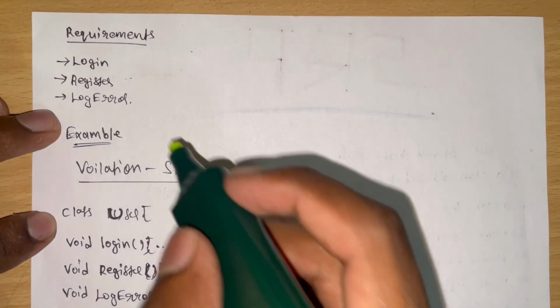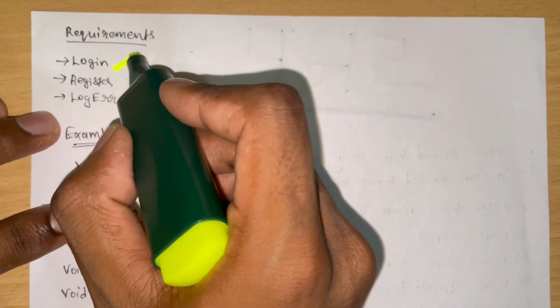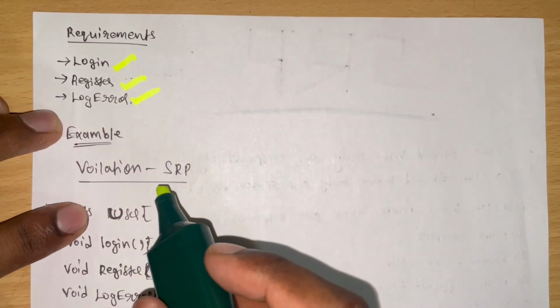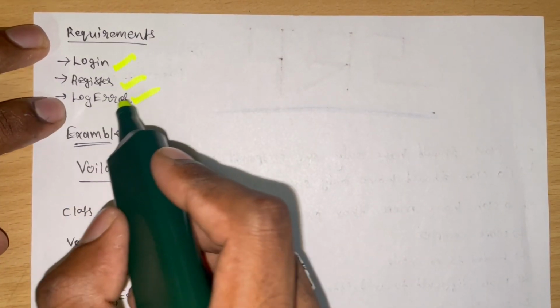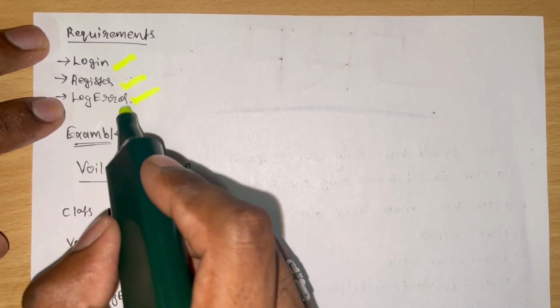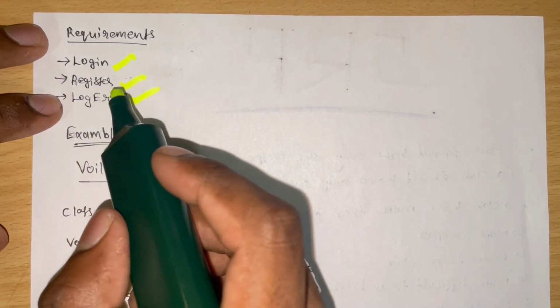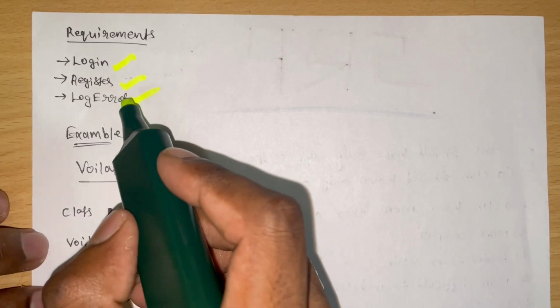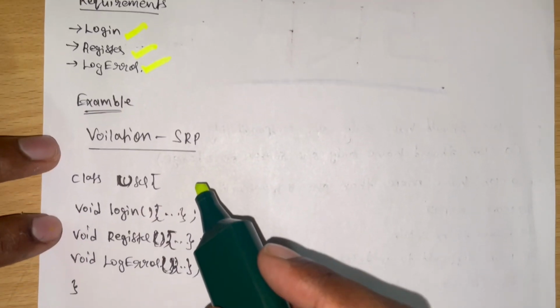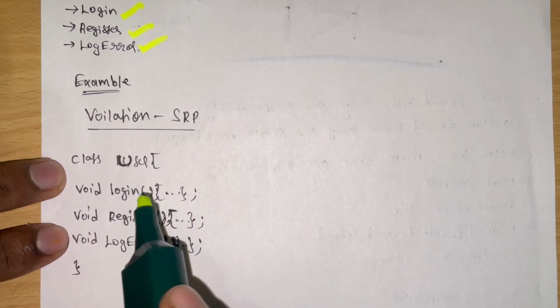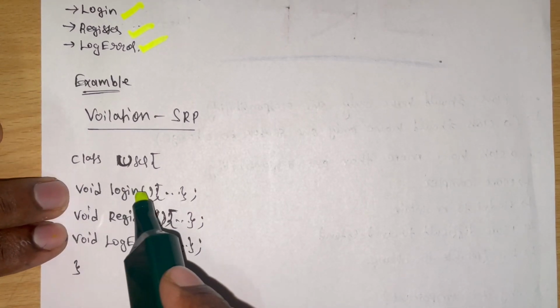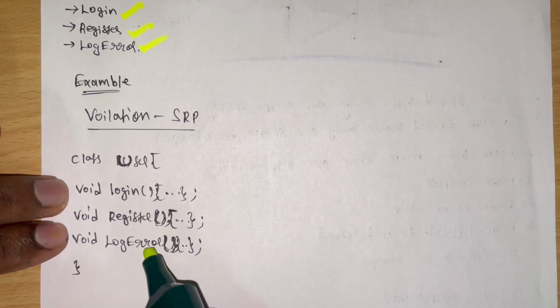For example, let's say you have requirements called login, register, and log error. Whatever error may occur in both of these can be redirected to the log error, whatever the log error that should be displayed. Now, if we consider the code that is violating SRP, this class called User has three responsibilities: login, register, as well as log error.